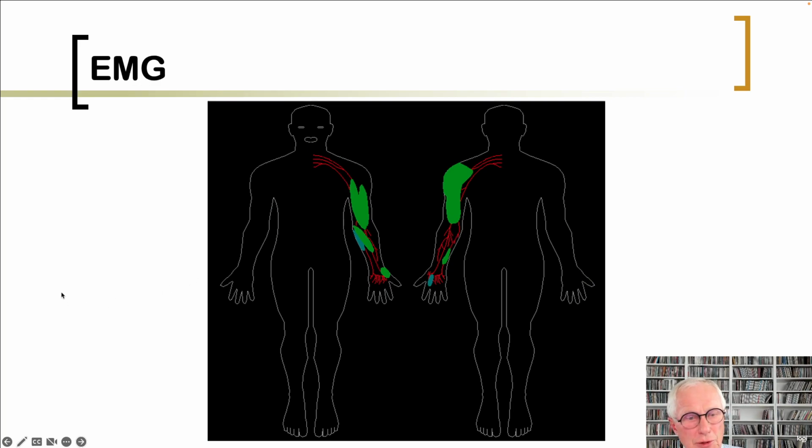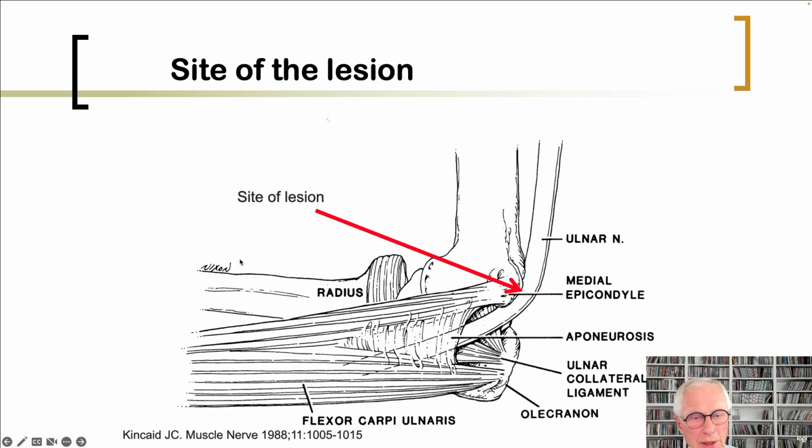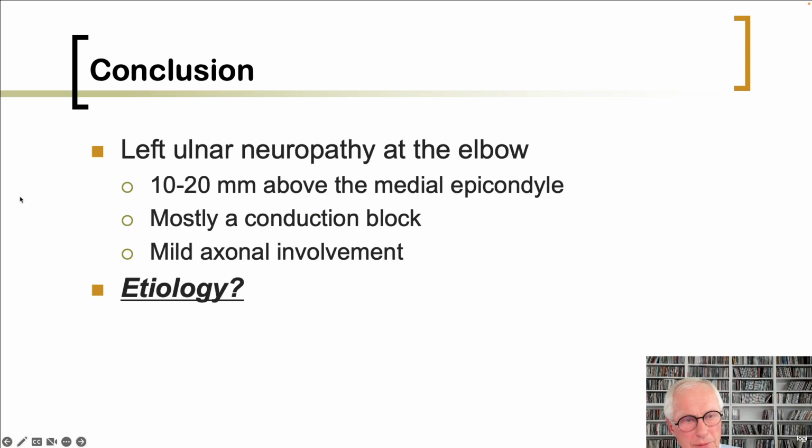EMG shows reduced interference pattern in the ulnar innervated hand muscles and in the forearm, but no fibrillation potentials at all. So it's a pure conduction block in the retroepicondylar region. So it's about 10 to 20 millimeters above the medial epicondyle. The axonal involvement is minimal.